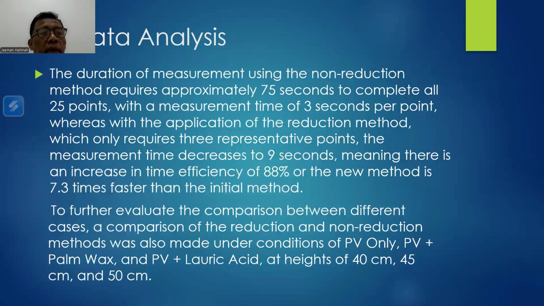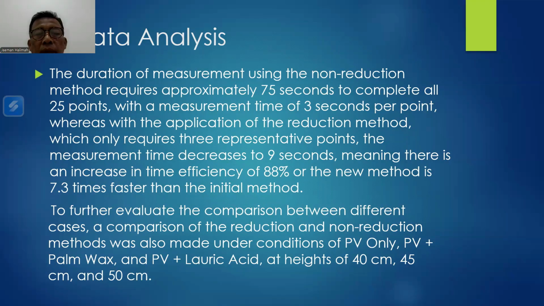Data analysis. The duration of measurement using the non-reduction method required approximately 75 seconds to complete all 25 points with a measurement time of 3 seconds per point.